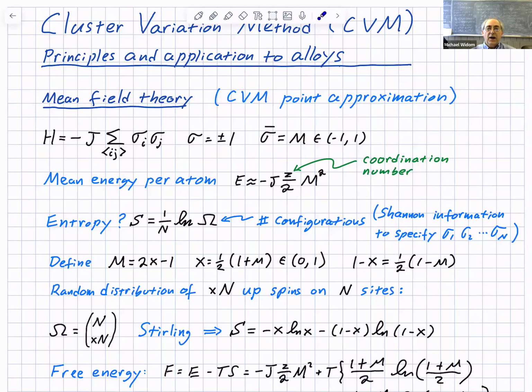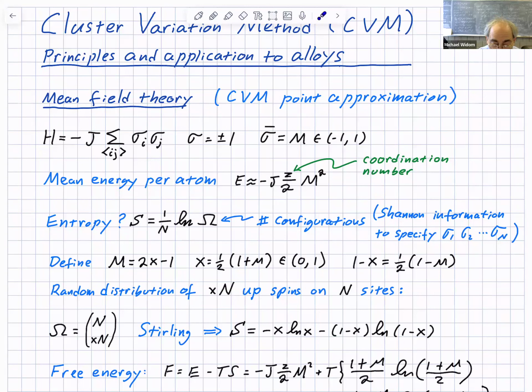That's because the number of bonds per site is 1/2 of the coordination number times the square of the magnetization. Why is that? Well, if we focus on a particular spin sigma i and then sum over its neighbors, the sum of its neighbors is then going to be the number of bonds times the mean value of the spin, which is this magnetization.